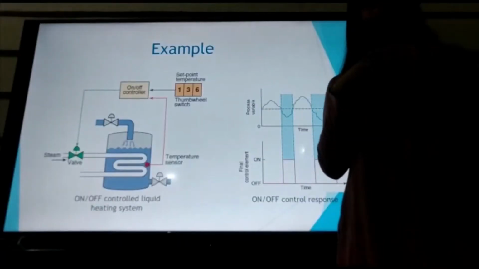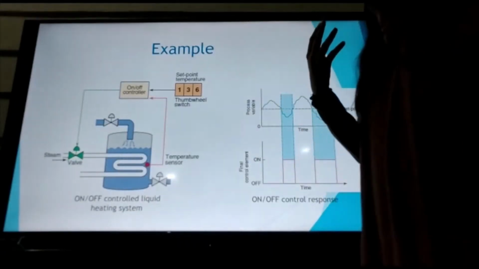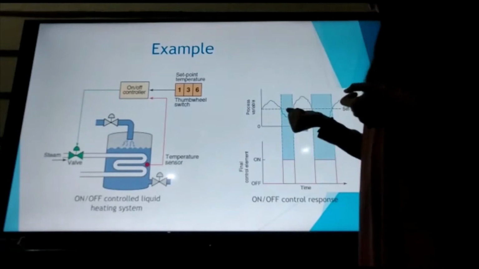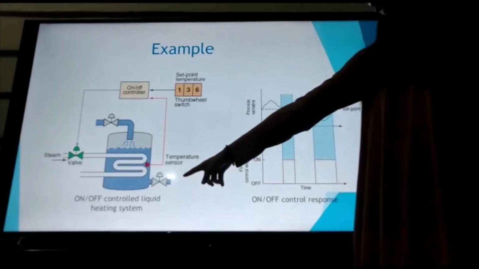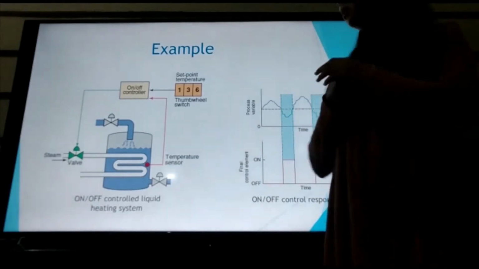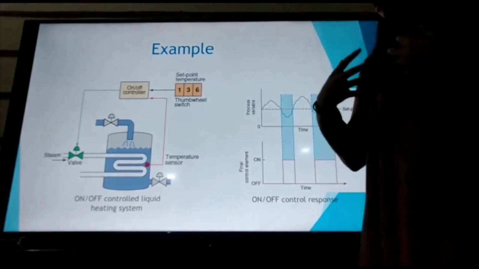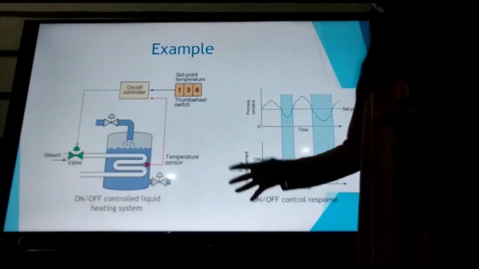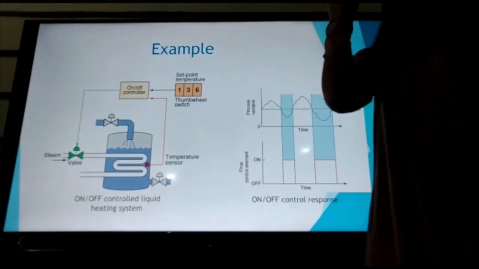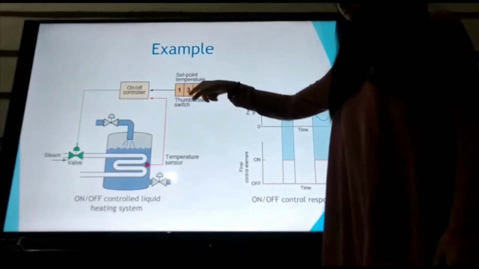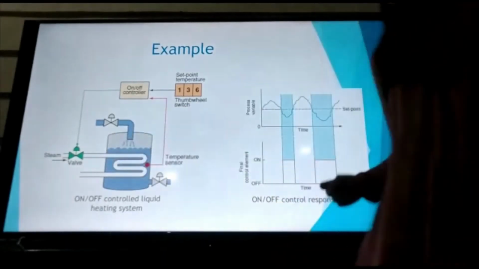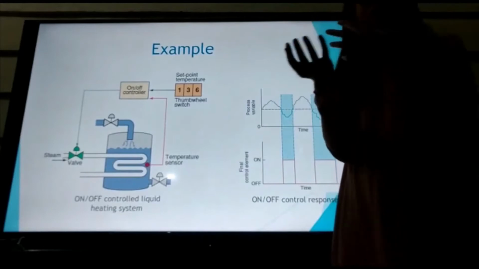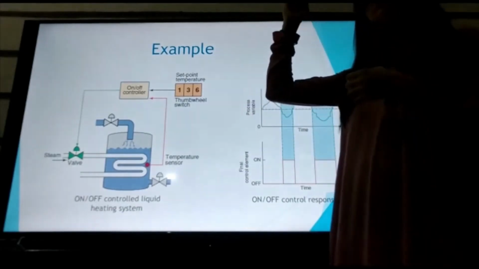An example of an on-off controller is an on-off controlled liquid heating system. In this part, if the liquid temperature goes below the set point, the steam valve opens and the steam turns on.